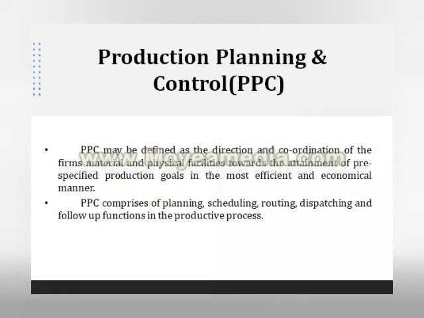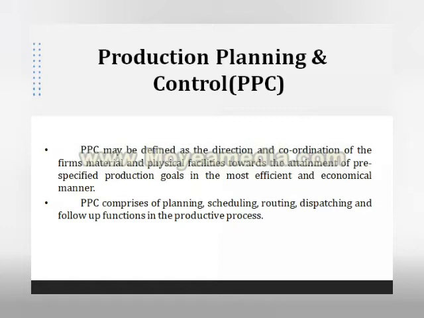What is the relevance in an industry? There it comes, production planning and control. It's defined as the direction and coordination of the firm's material and physical facilities towards the attainment of production goals.